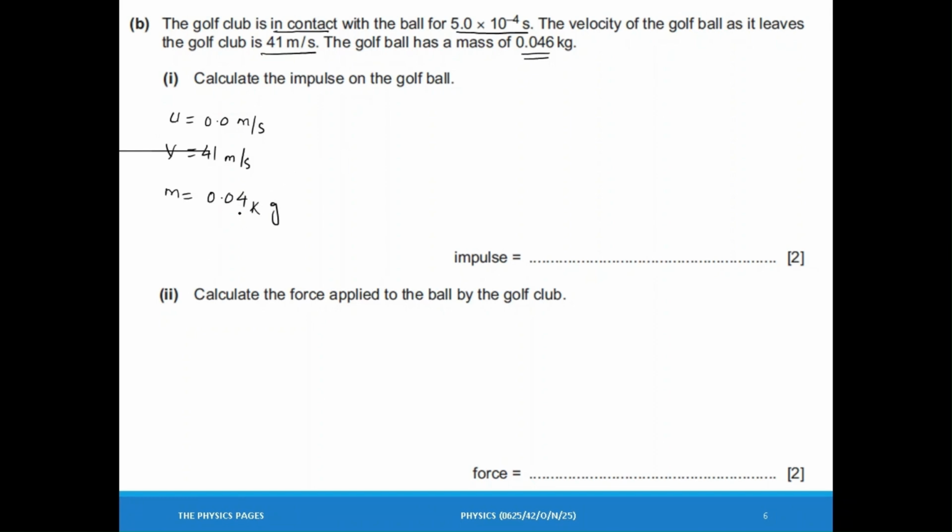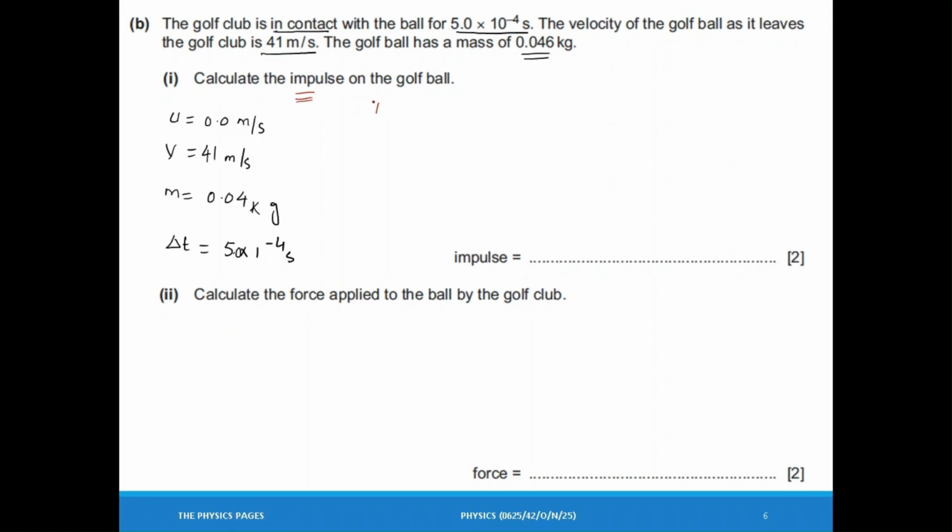Also we are aware that the time interval is given to us, delta t is 5 into 10 to the power minus 4 second. Here we are aware of one thing: whenever we are concerned with impulse, impulse has two main definitions.